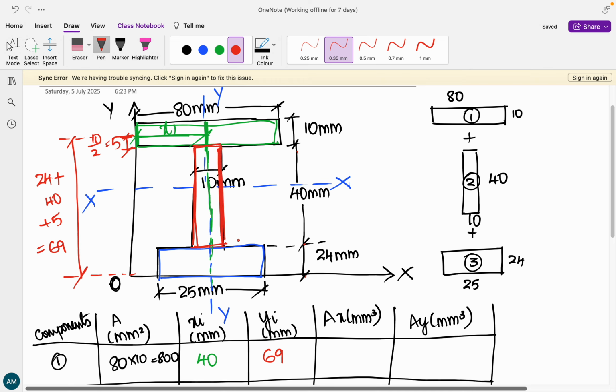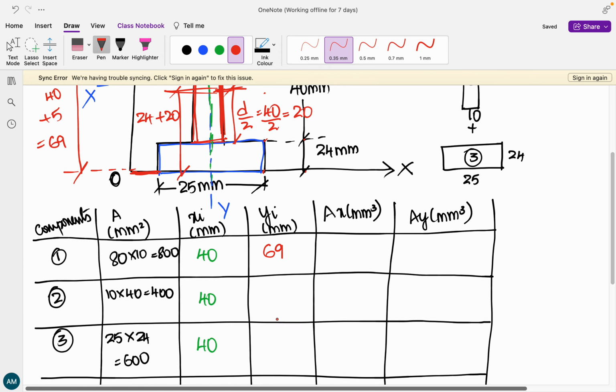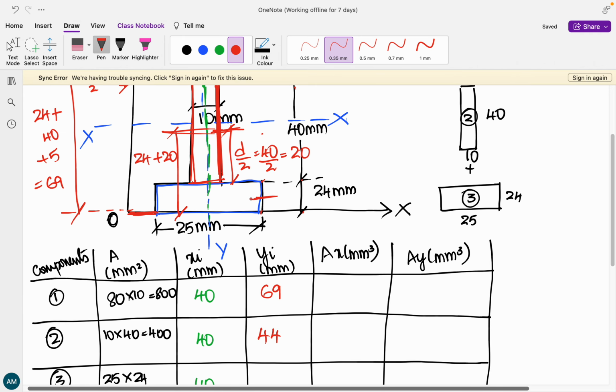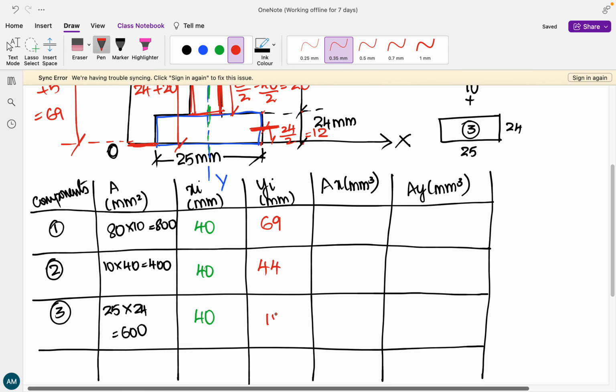It is d by 2, but d by 2 from here. So it is 40 divided by 2, 20. But from your origin, what is the distance? It is 24 plus 20, which is 44. The third one is going to be over here itself. So this is 24 divided by 2, that is 12 mm.